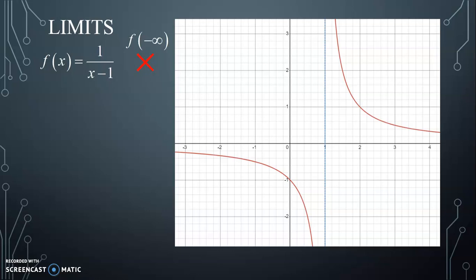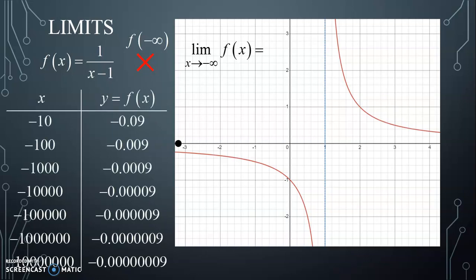So, using a similar approach, because I cannot find f of negative infinity, what I would do is approach x towards negative infinity, using a table of values the same way we did for x equals 1. So I need to start from x equals negative 10, for example, and then take these values of x towards negative infinity by going towards negative 100, negative 1000, negative 10,000, etc.